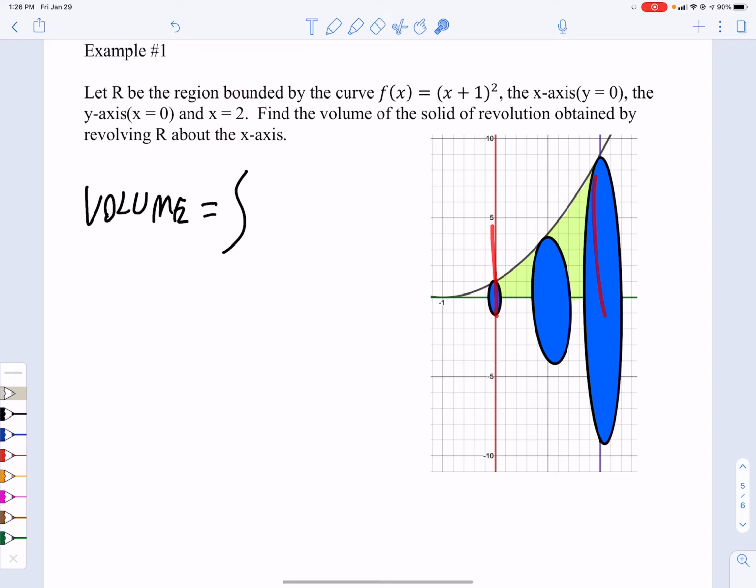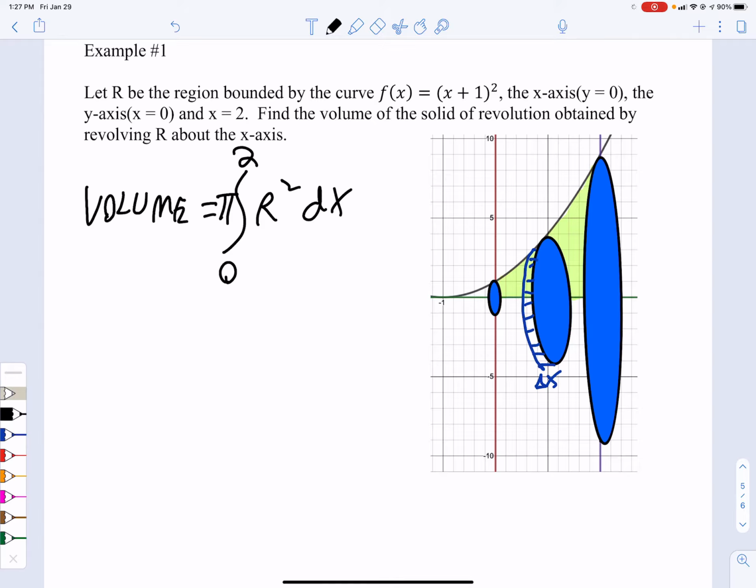So we know we're going to add up the disks starting at 0, ending at 2. Now we want pi r squared, but what is r? I'll go ahead and do r squared. And the thickness of these disks is going to be a change in x. So our thickness will be dx.